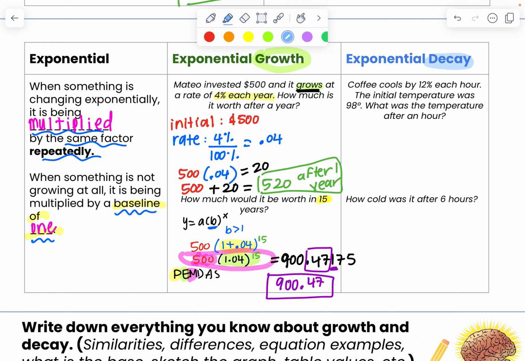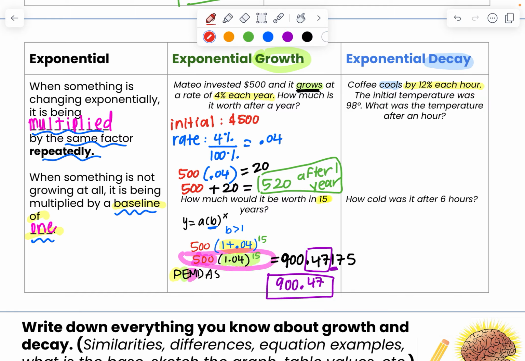For exponential decay, right, I have another problem. Coffee cools by 12% each hour. This is decay because it's cooling, meaning that the temperature is going to decrease as time passes, right? I have some information, right? It says that it's cooling by 12% each hour. And I also know that it's initially 98 degrees, right?